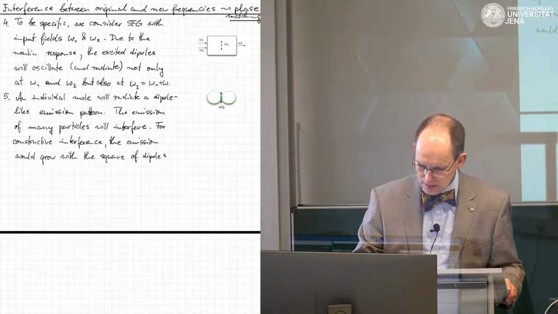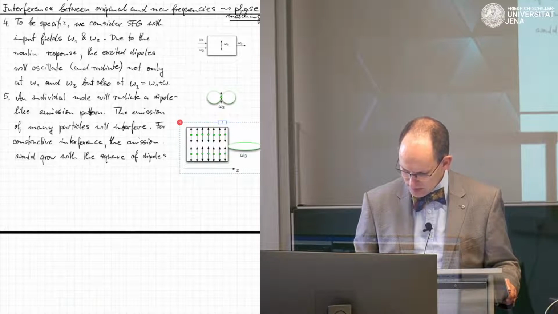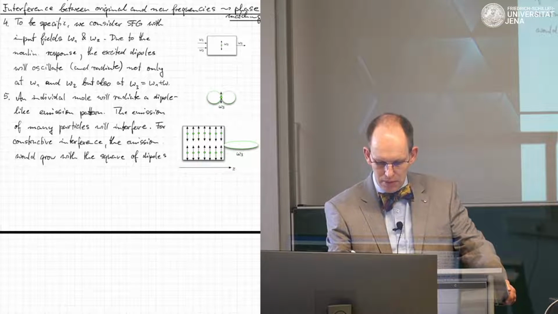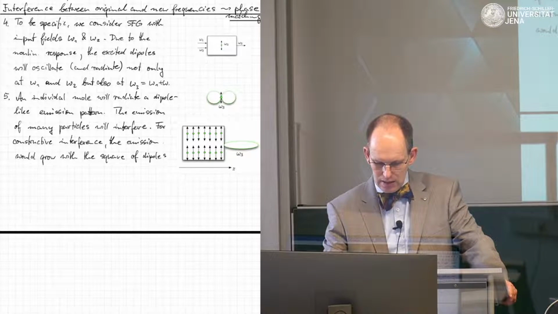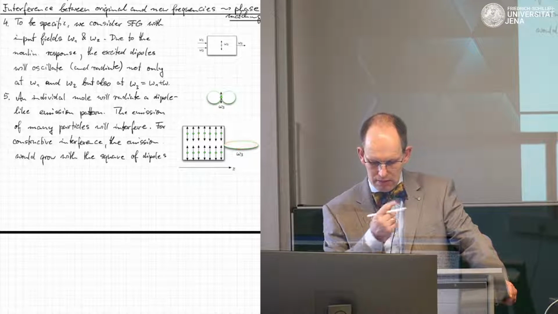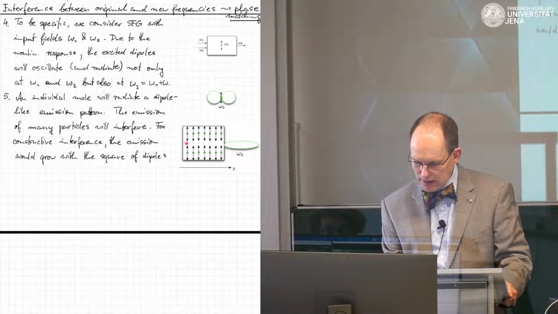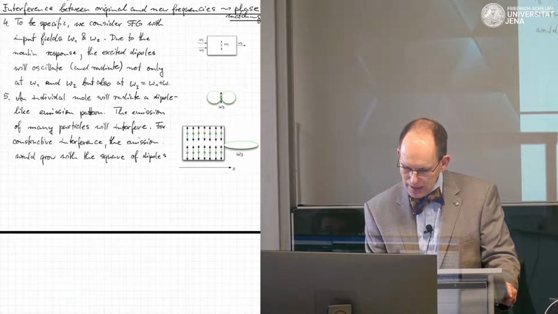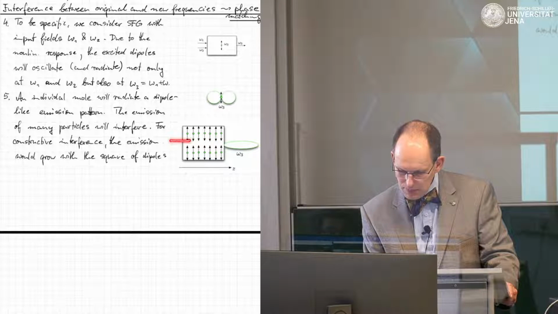Yeah. Again, a quick drawing here. Now you see that we have many of these dipoles, right? And if they emit in phase, then you would get, say, this emission characteristic. In the opposite direction, they typically interfere destructively. So if you have a laser beam that excites them, then this laser beam would come in from this side.